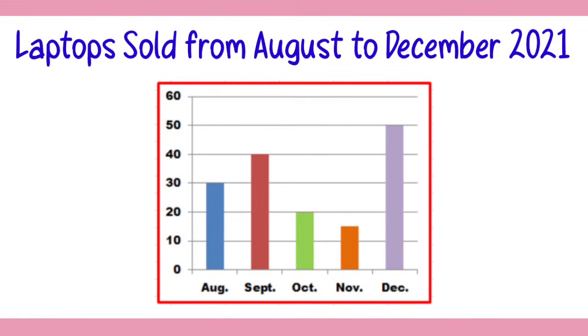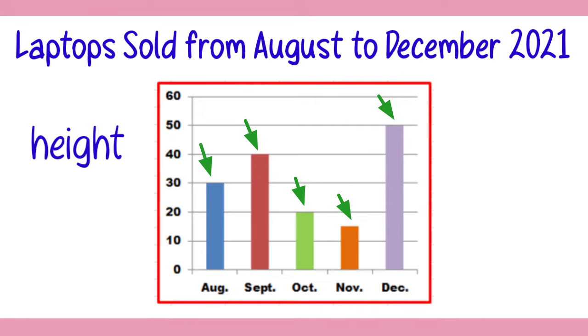Okay, for us to know the number of laptops sold each month, we have to look at the height of each rectangular bar because it is equivalent to the value.